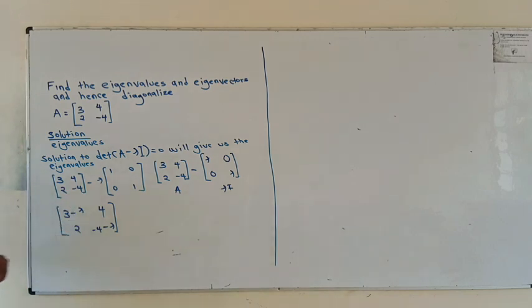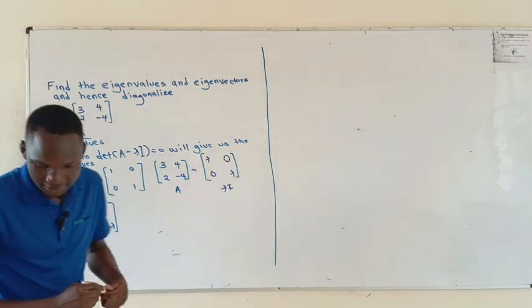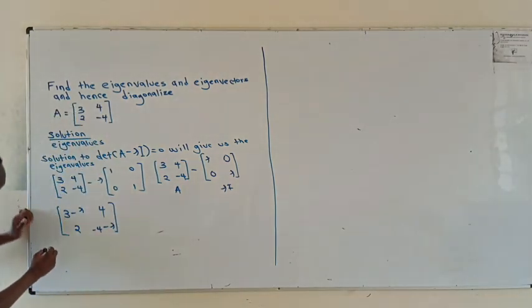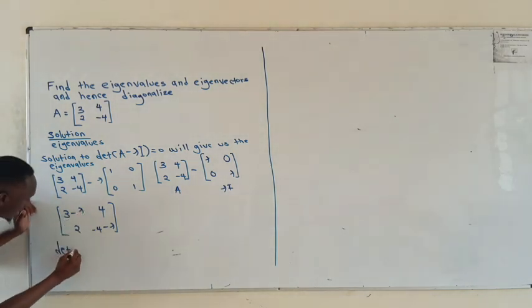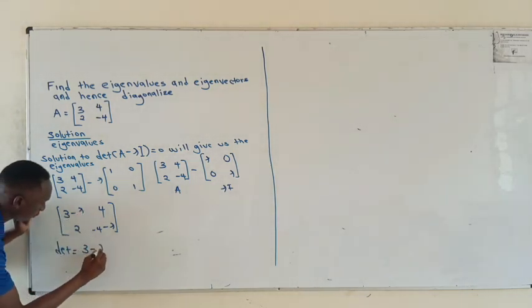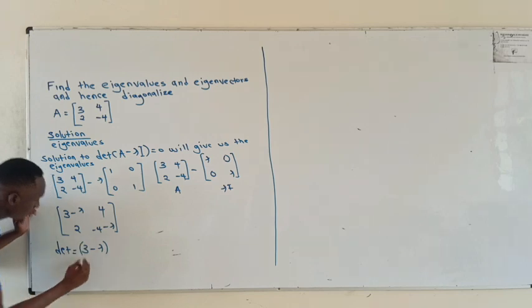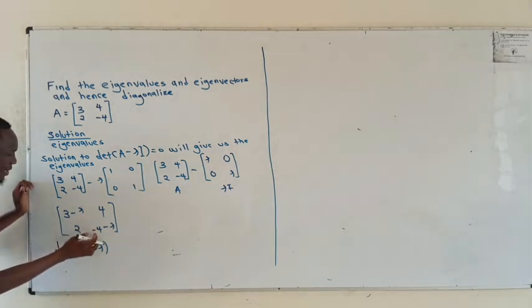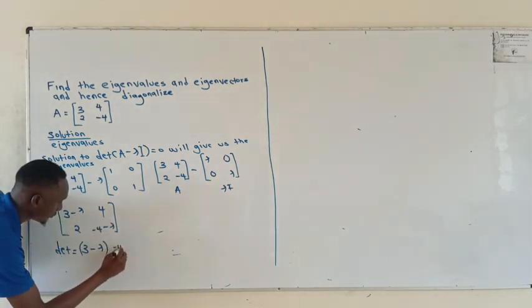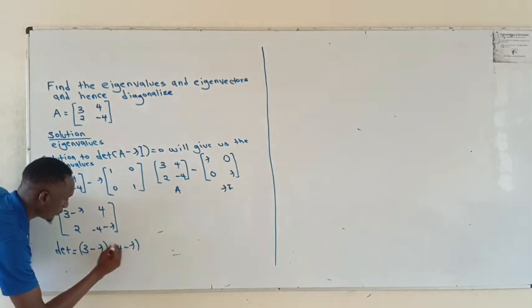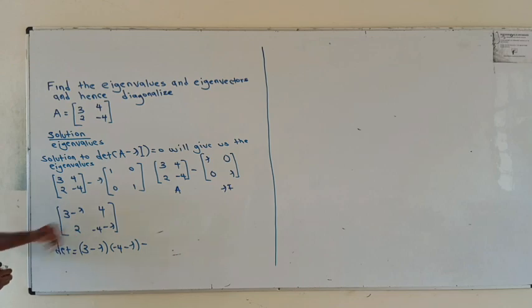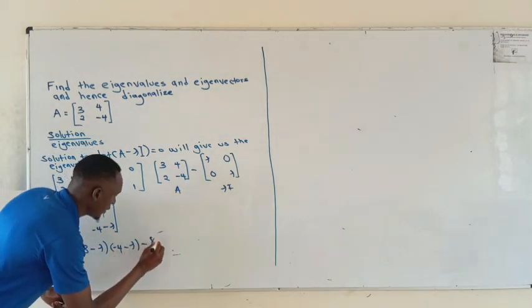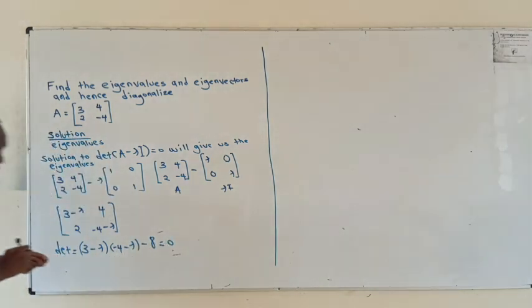Now to find the determinant: the determinant is equal to 3 minus lambda times negative 4 minus lambda, minus 2 times 4, which is 8. And this should be equal to 0.